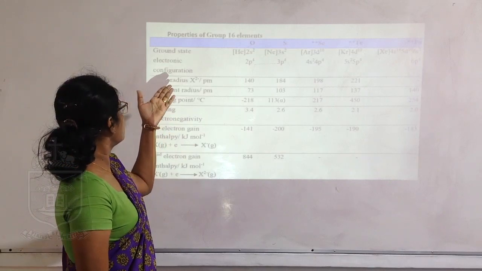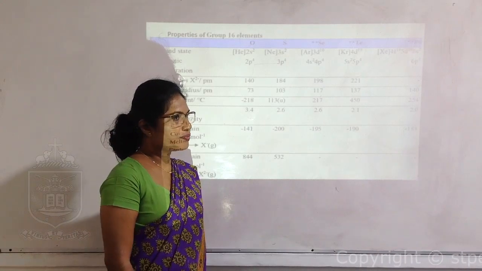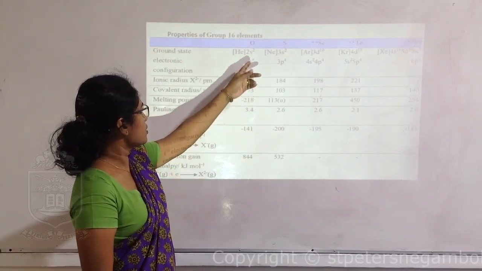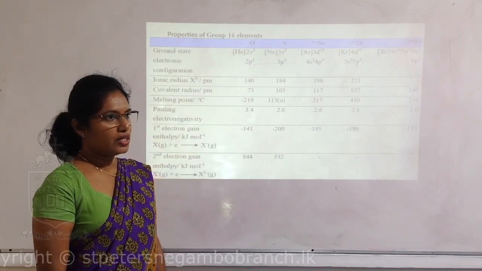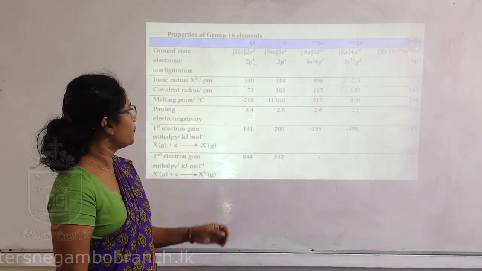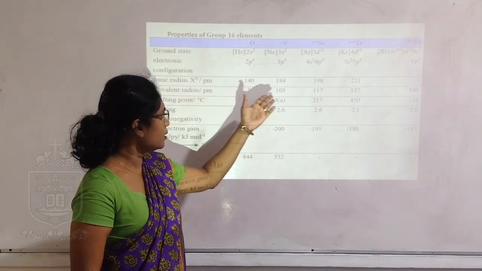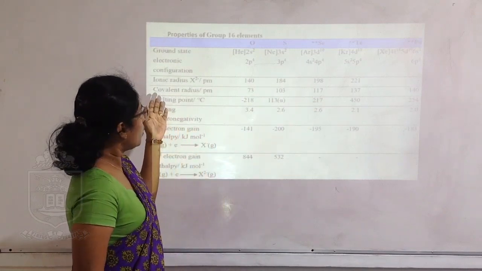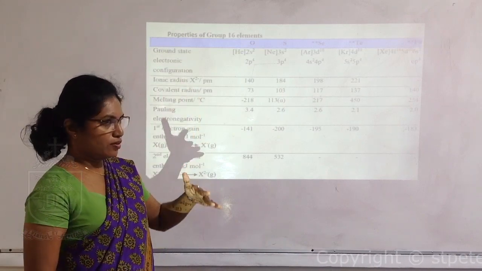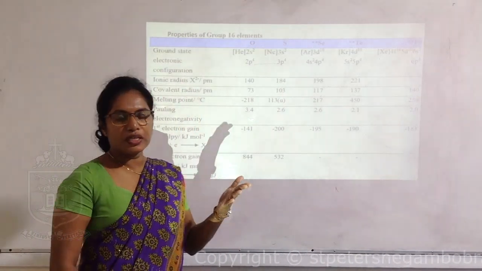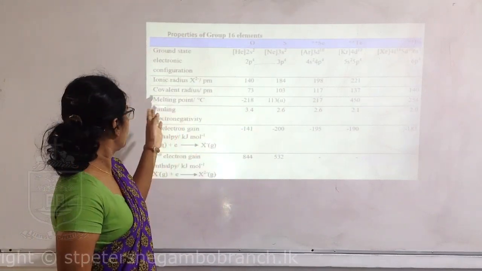If you take the electron configuration, all the elements show ns2 np4 electron configuration in the valence electron shell, and ionic radius and covalent radius increase because when we go down new electron shells are added and the radius increases.